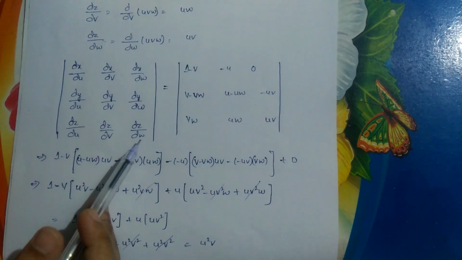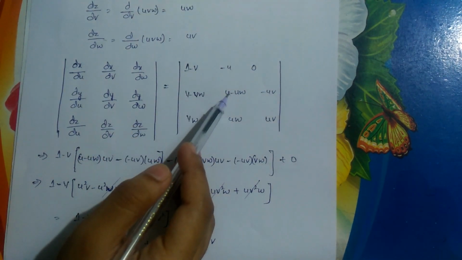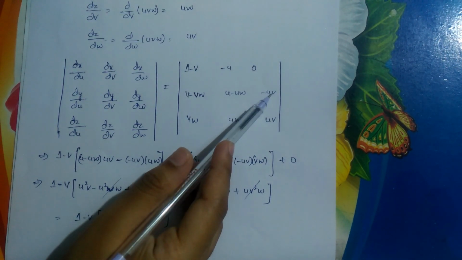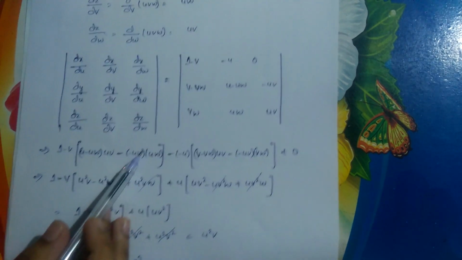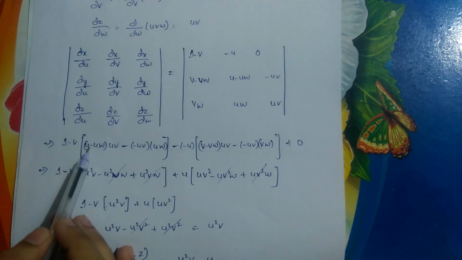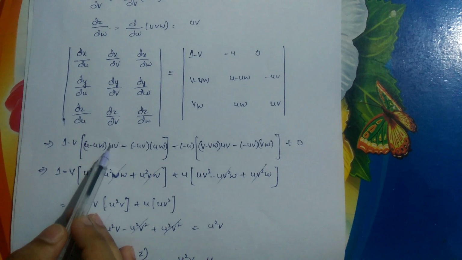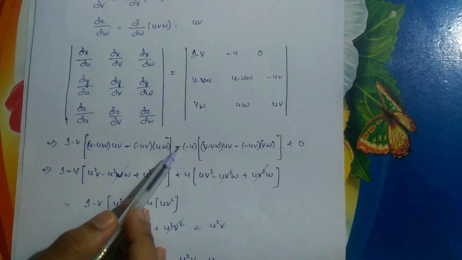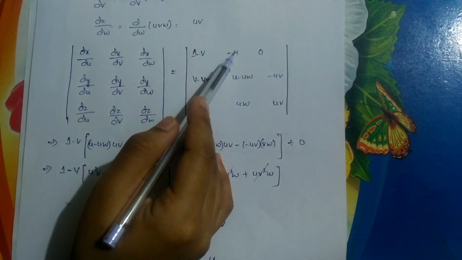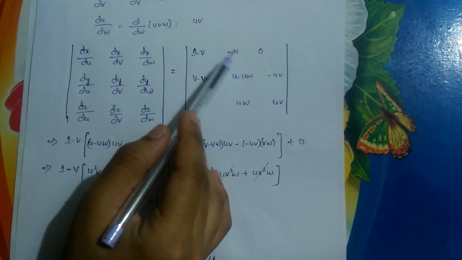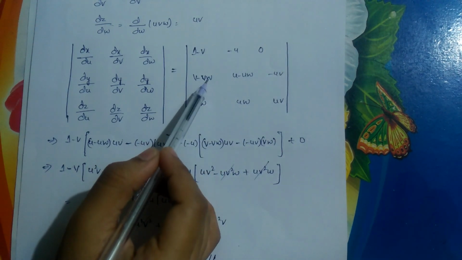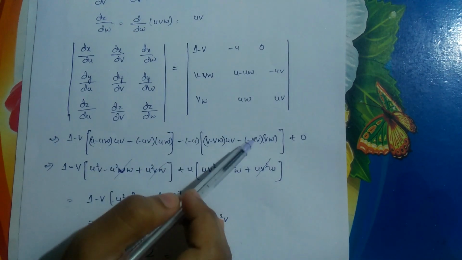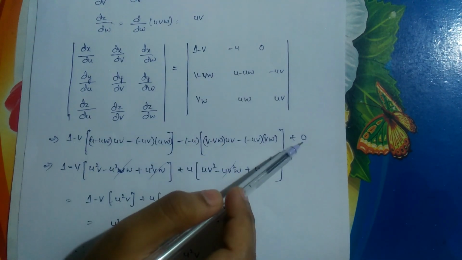So find the determinant here: (1 minus v) into (u minus uv) into (uv) minus of (minus uv) into (uw), and minus of (minus u), that is deleting this row and column, (v minus vw) into (uv) minus of (minus uv) into (vw), plus 0 into something is always 0.